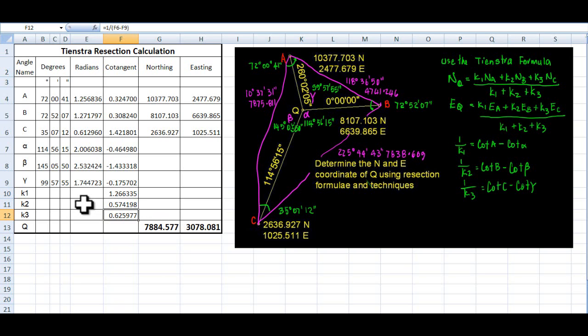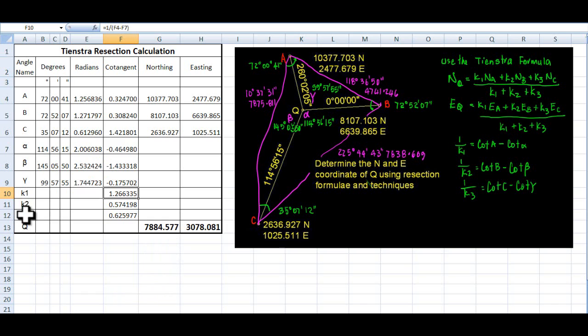So if 1 over K1 equals cotangent A minus cotangent alpha, K1 will equal 1 over that, which is what I've done here. So then that's got all the information that we need.